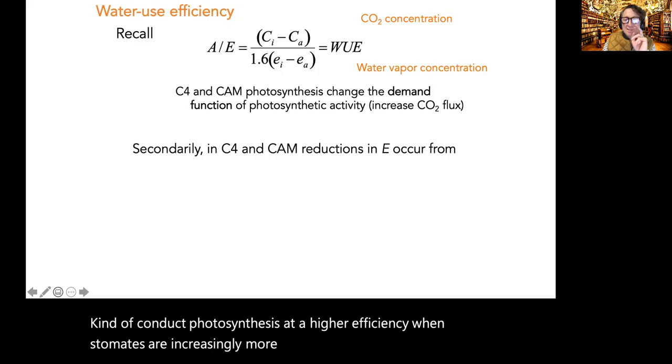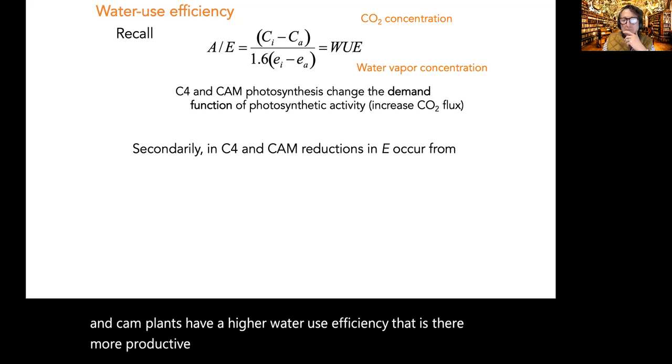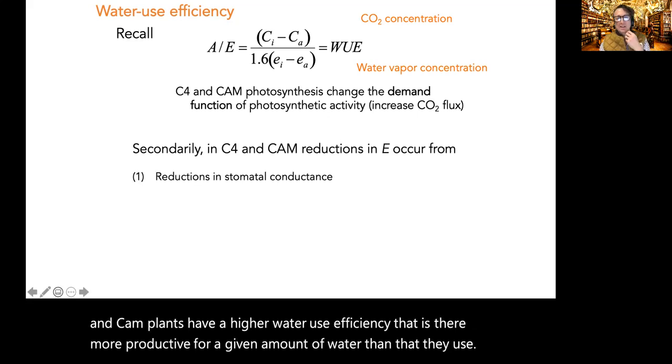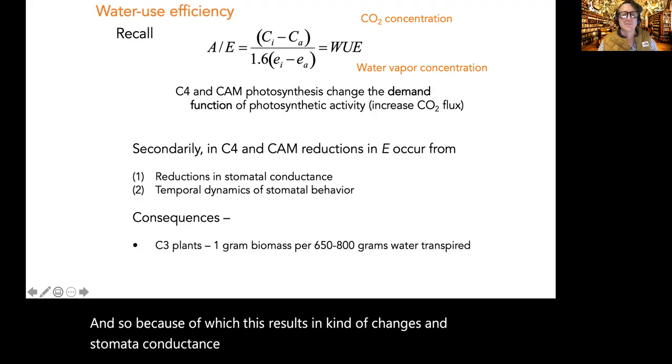Okay, and because of which C4 and CAM plants have a higher water use efficiency. That is, they're more productive for a given amount of water that they use. And because of which this results in changes in stomatal conductance, temporal dynamics of stomatal behavior.